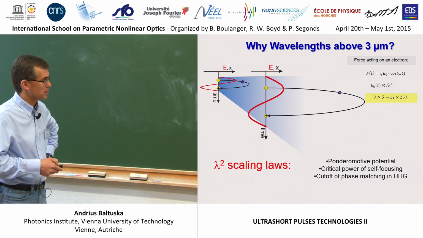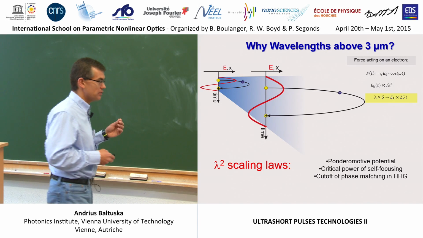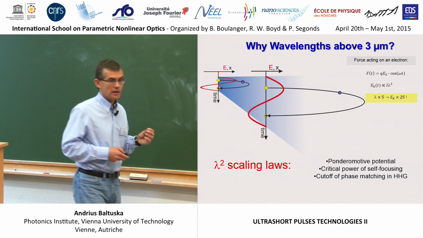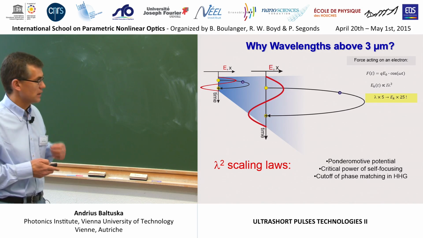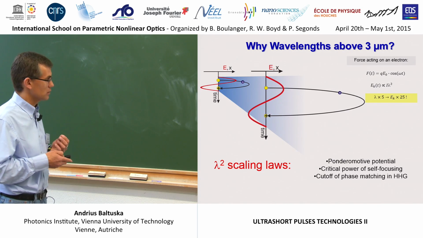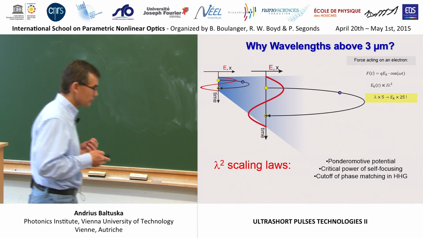So Paul Corkum has talked about that, the ponderomotive energy scaling, also the critical power of self-focusing scales as lambda squared. And when you talk about secondary sources like high harmonic generation, the cutoff of phase matching also scales quadratically.